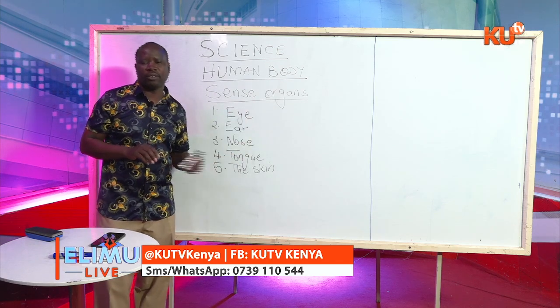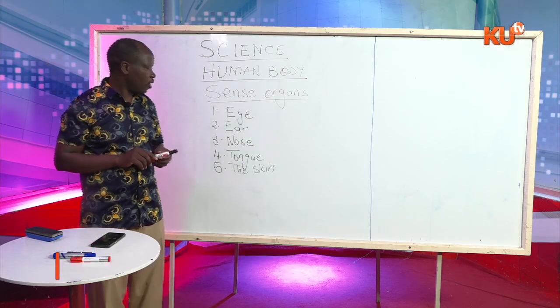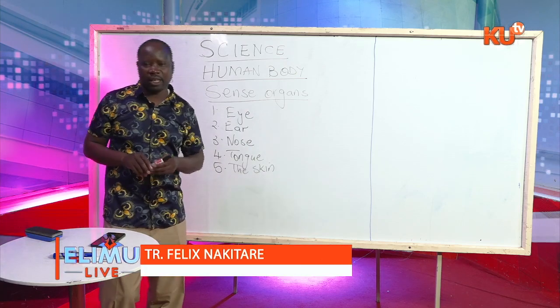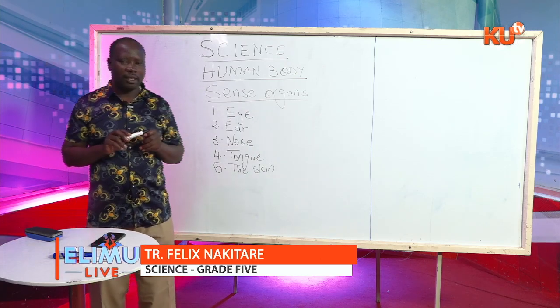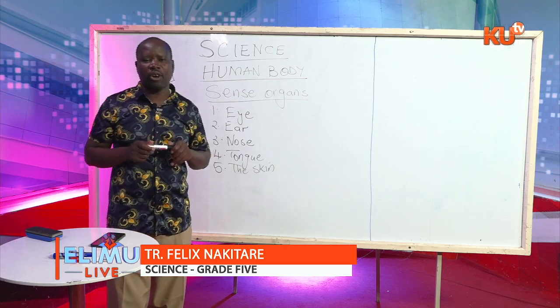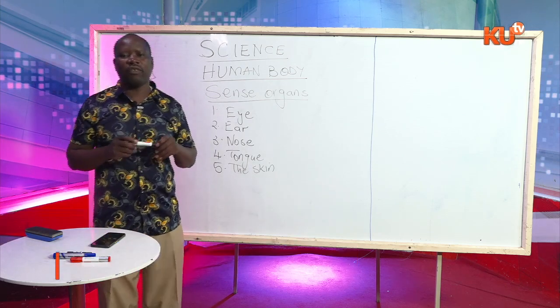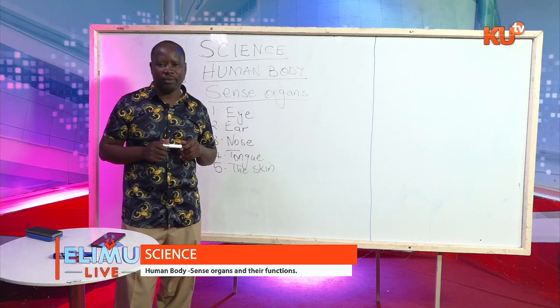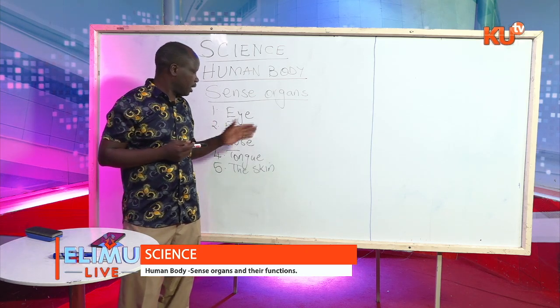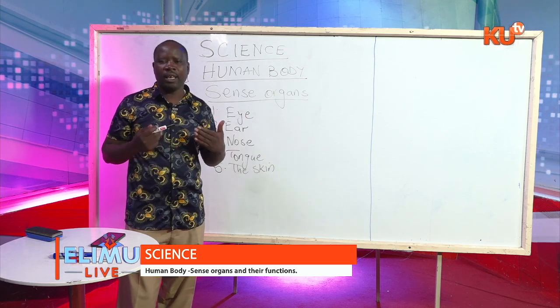We have now known our 5 sense organs. We now want to see the function or the use of each of the sense organs. What do we use these sense organs for? How do they help us?